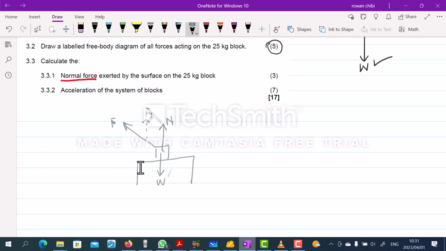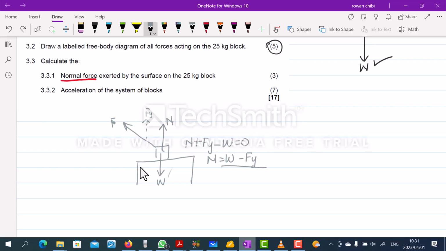In this case, there are 2 forces that are looking up and one force that is looking down. So we say the normal force plus the vertical component of the force minus the weight is equal to 0. So the normal force will be equal to the weight minus the vertical component of the force.